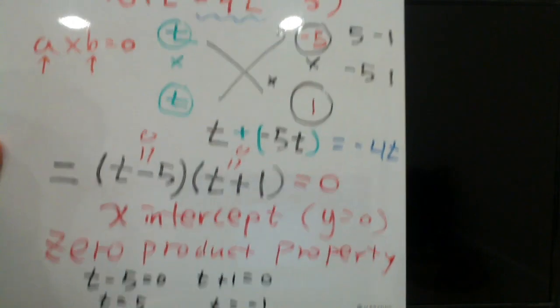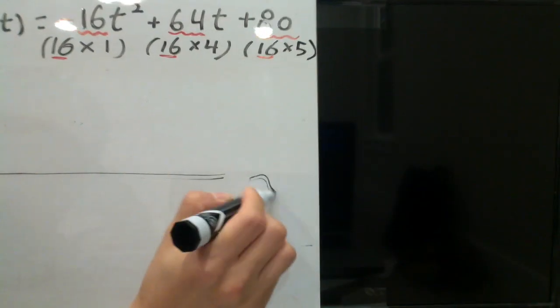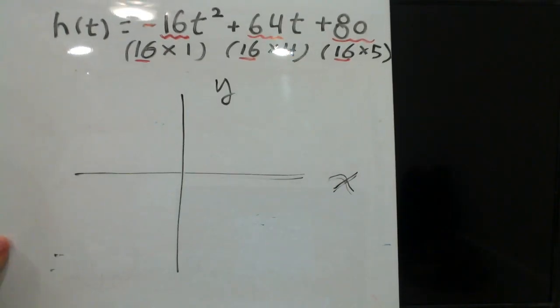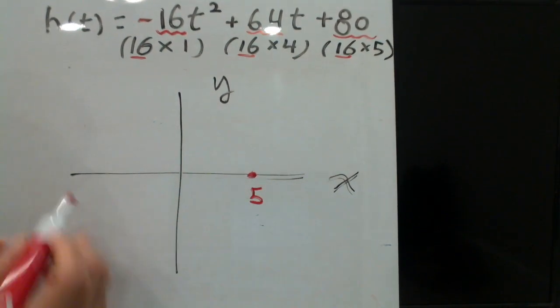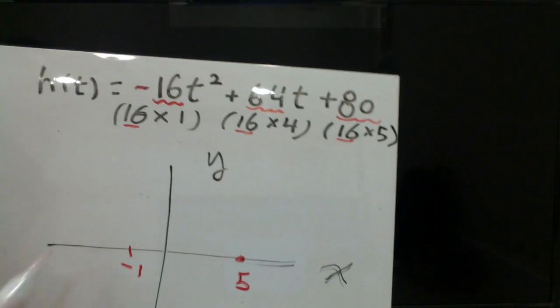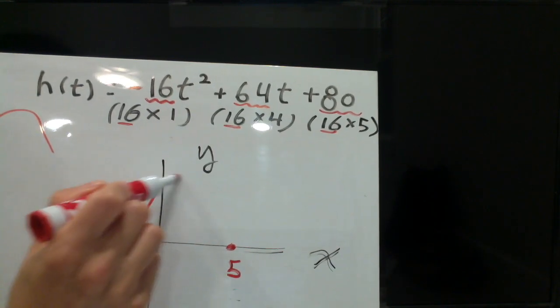Right? So why do we need these two numbers? So I will draw a graph, what it looks like. So when we have x, y, x-intercept is right here. We find 5 and negative 1 right here. And look at this graph. This is downward, right? Because it's negative. So it will be something like this.